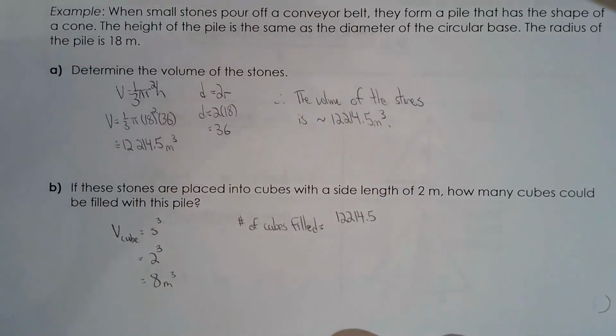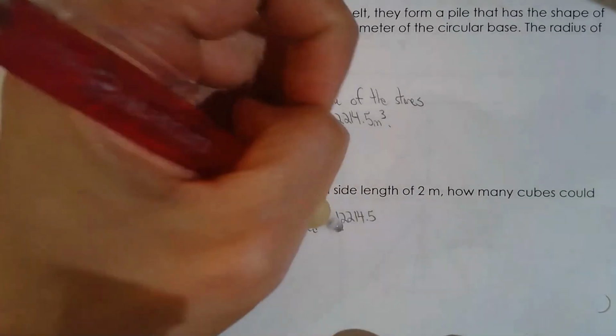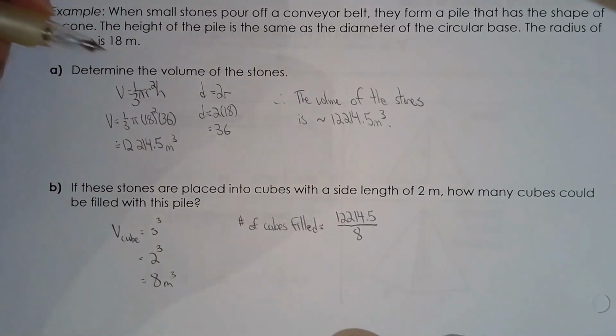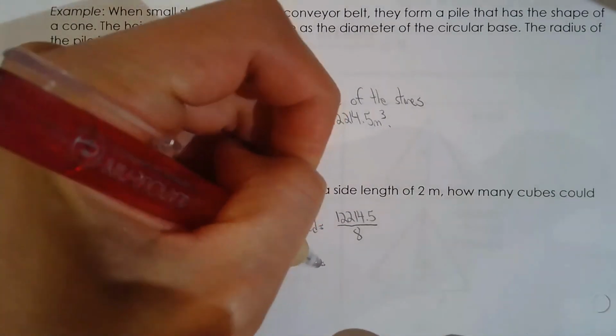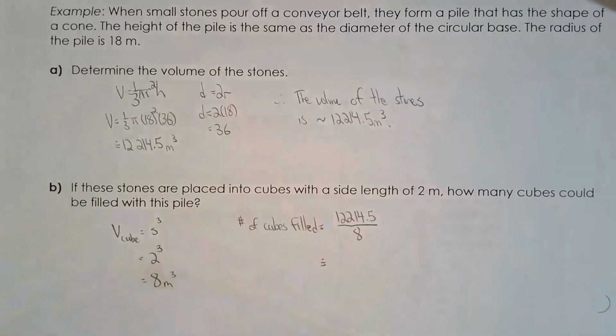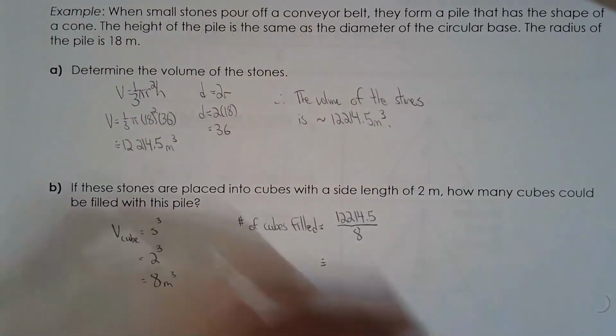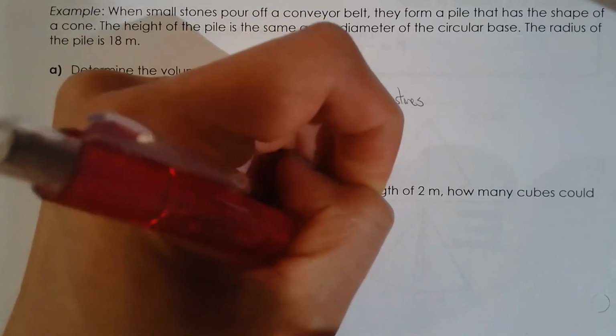Since each cube is 8 cubic meters, I'm going to take that and divide it by 8. And let's see how many cubes I can fill. So we're looking at about 1526.8.